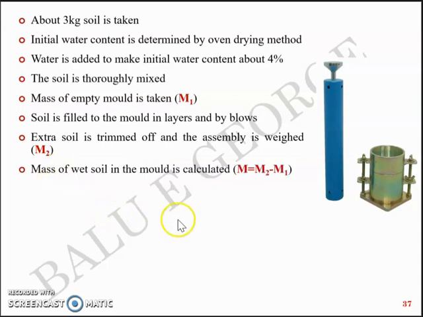Now subtracting M1 from M2, you will get the mass of the wet soil in the mold, from which you can calculate the bulk density of the soil, because you have the mass, and then you have the standard volume of the mold, from which you will get the bulk density.